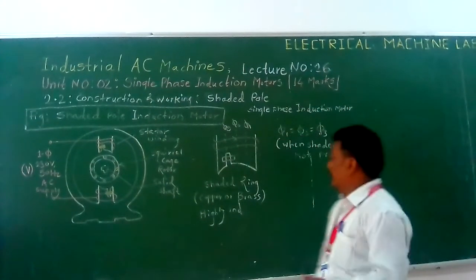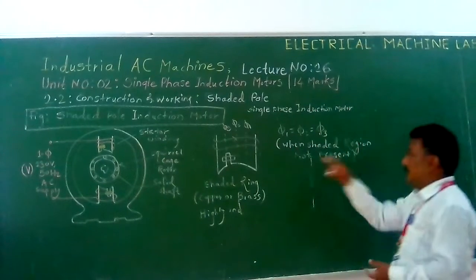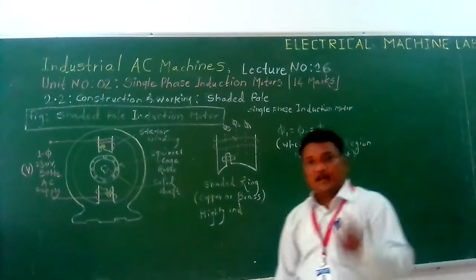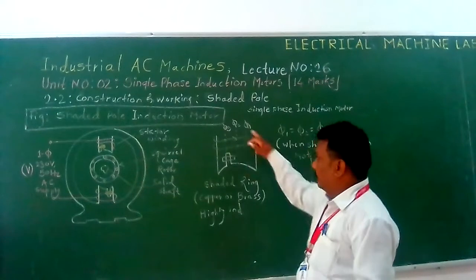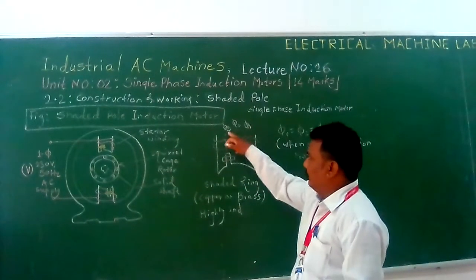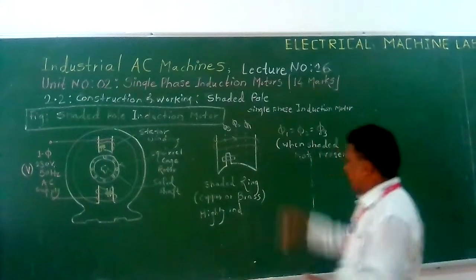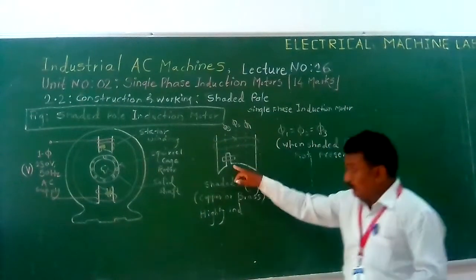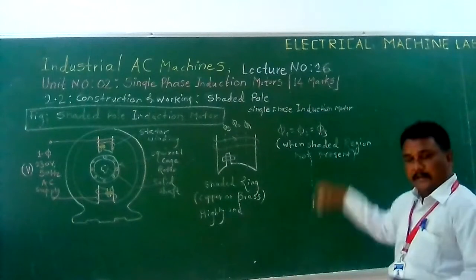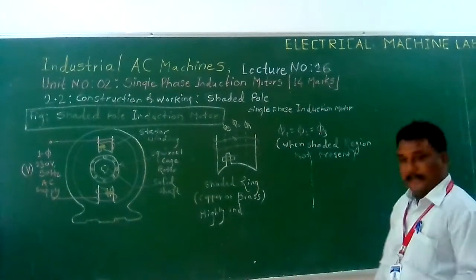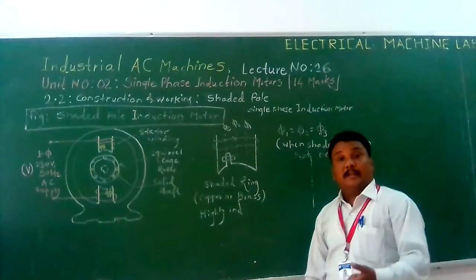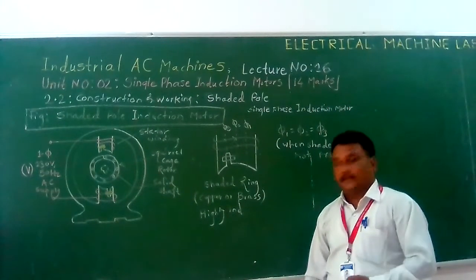First, when the shaded region is not present, three fluxes phi 1, phi 2 and phi 3 are produced. Without the shaded region, these three fluxes are equal and symmetrical.